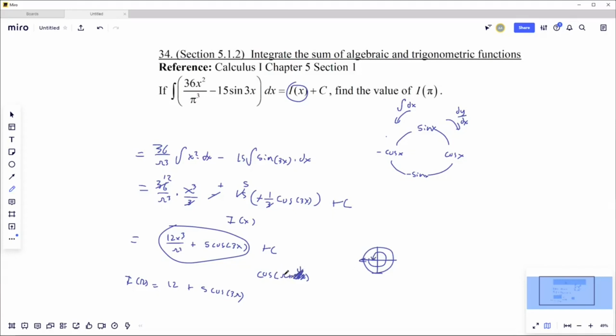So cosine of pi, it's 180 degrees, and we want the x value, this is cosine, this is minus 1. Why am I telling you this rather than using a calculator? This will honestly help you sometimes, especially with intuition. So 12 plus 5 into minus 1, so you basically get minus 5. 12 minus 5, you get 7, and that's pretty much it.